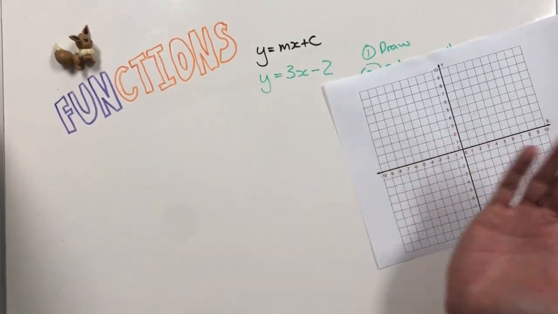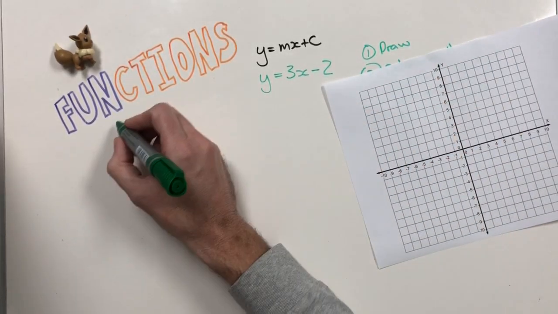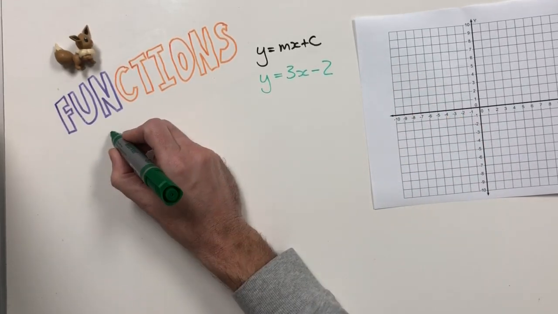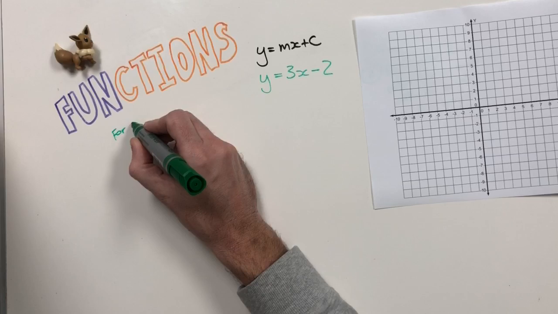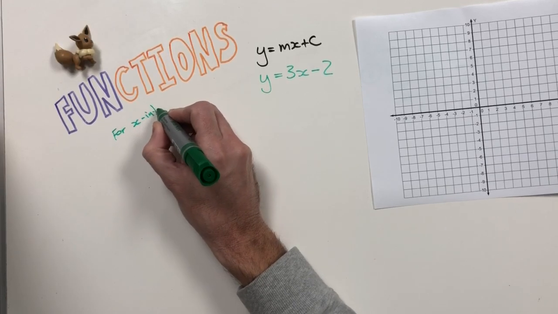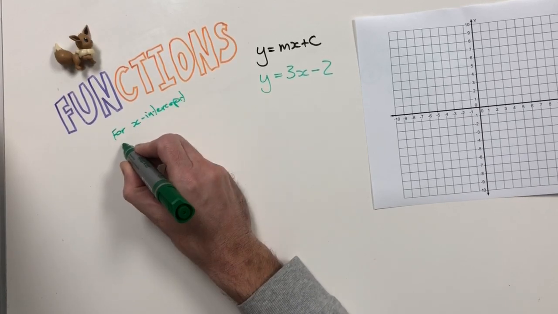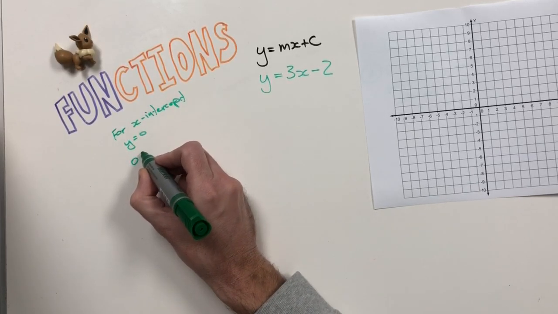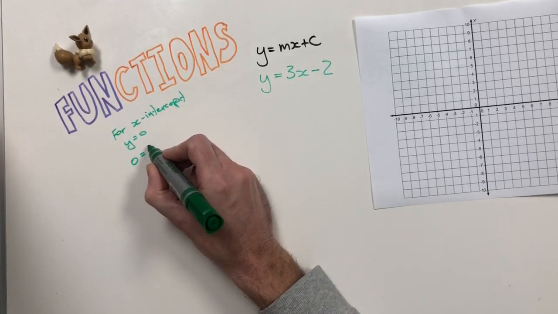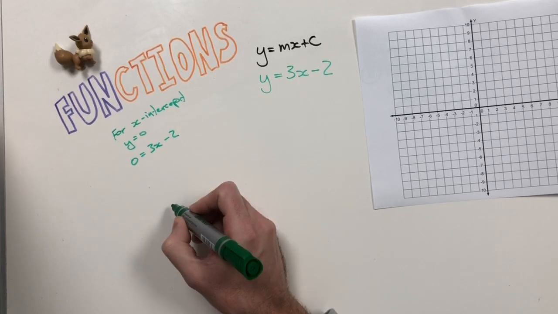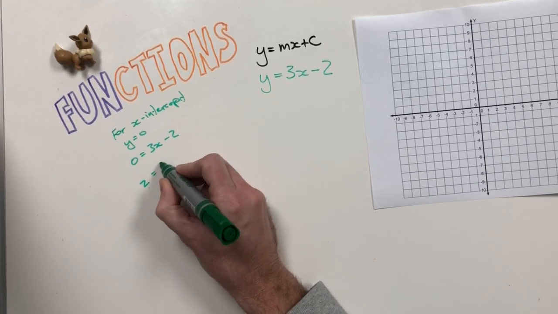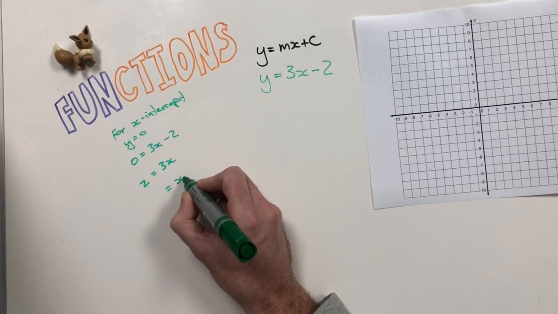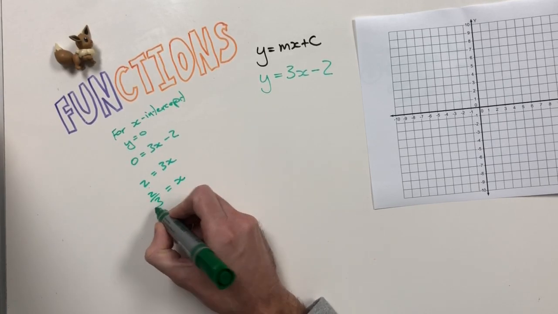So I'm going to use the double intercept method. For my x-intercept, I know y would be 0, so I would do 0 is 3x minus 2, and that would be 2 is equal to 3x, and this would be x is 2/3.